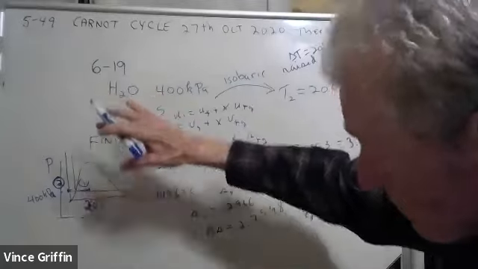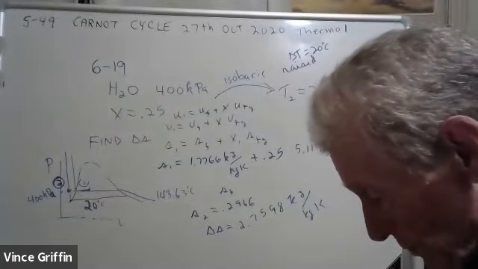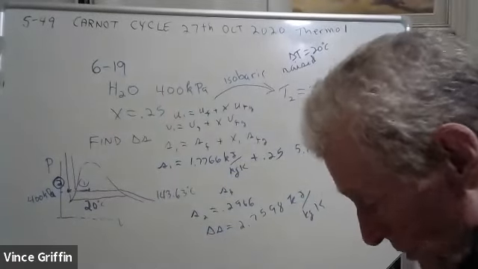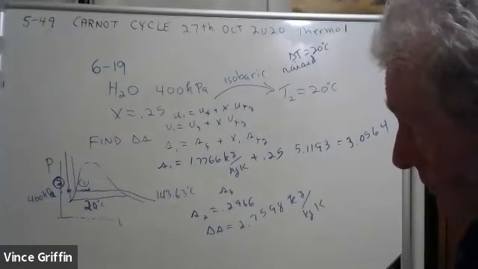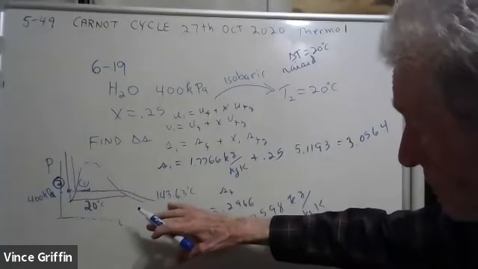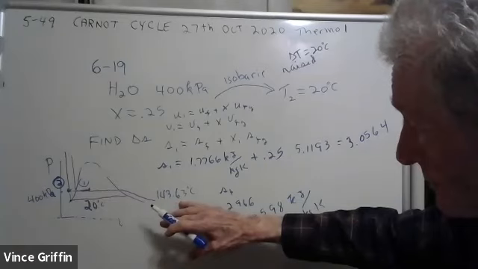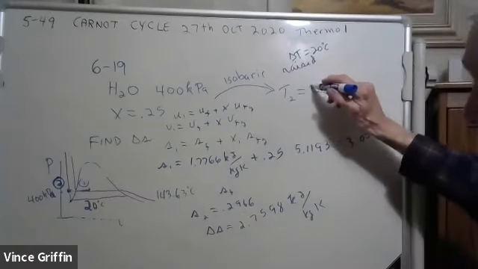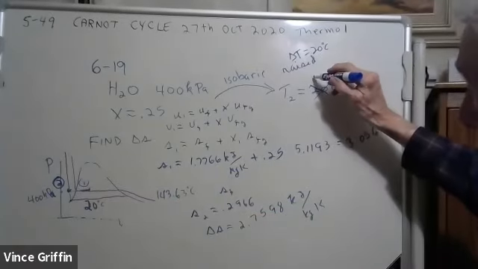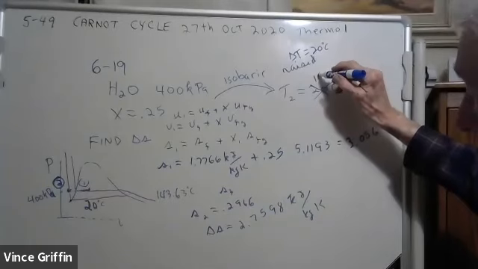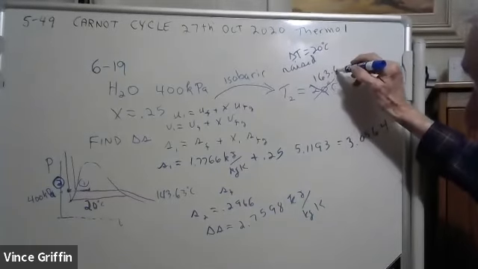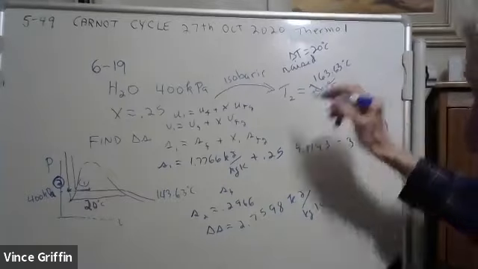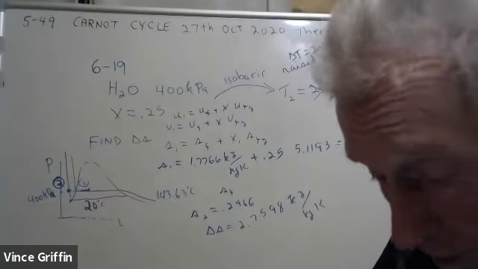If you read the problem, though, it says the temperature is raised 20 degrees. Okay, well, what was the temperature to start with? Well, it's 143.63, right? So T2 is not 20 degrees. It's 163.63. Sorry about that.